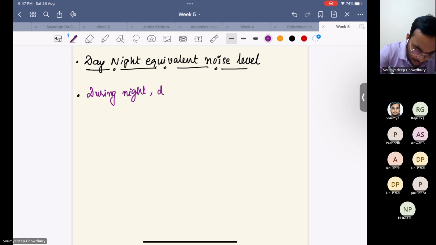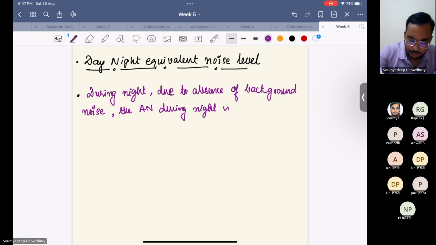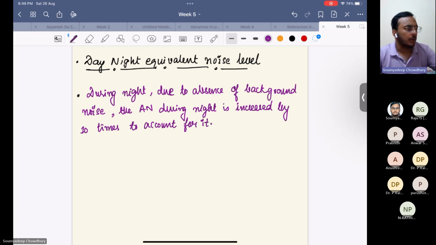During night, due to absence of background noise, the audible noise during night is increased by 10 times to account for it.